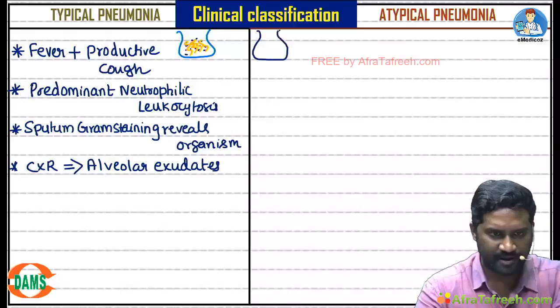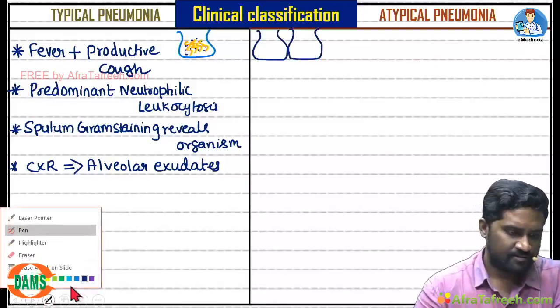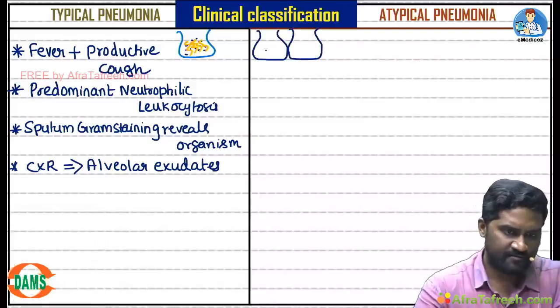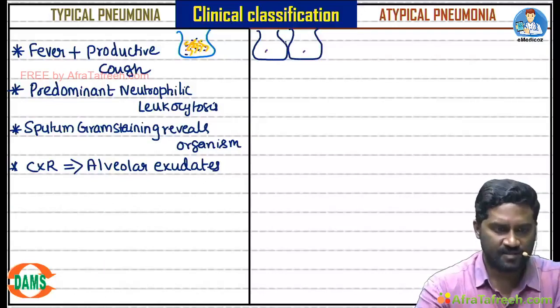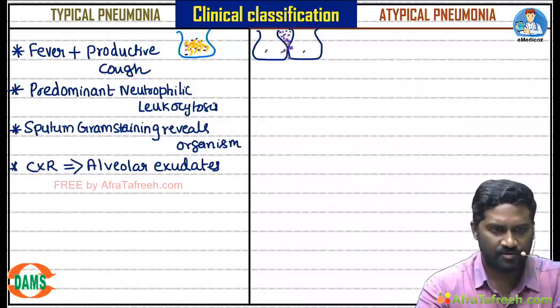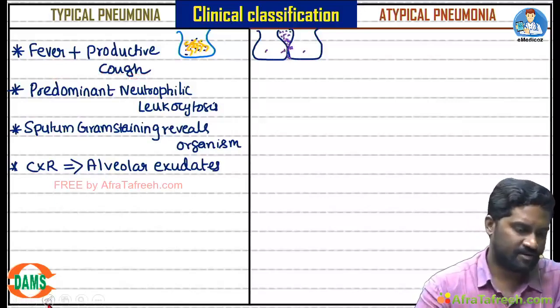Let this be one alveolus. Let this be another alveolus. Here also the organisms first reach the alveoli, but they are not interested to stay in the alveoli. They go into the interstitium and start proliferating.